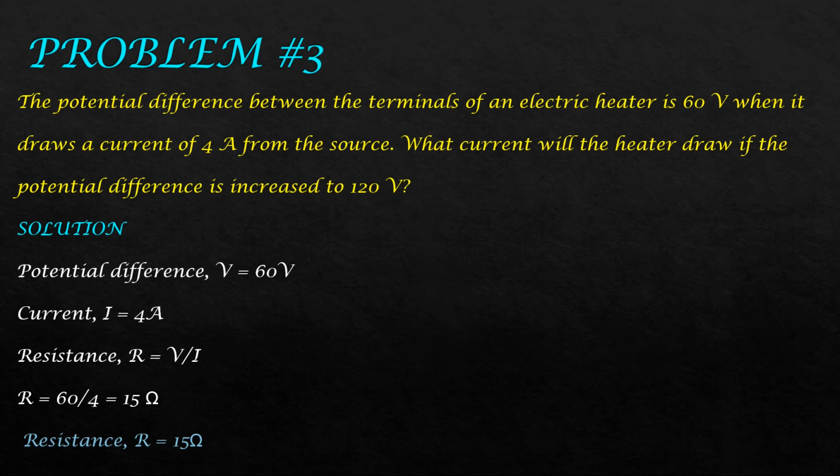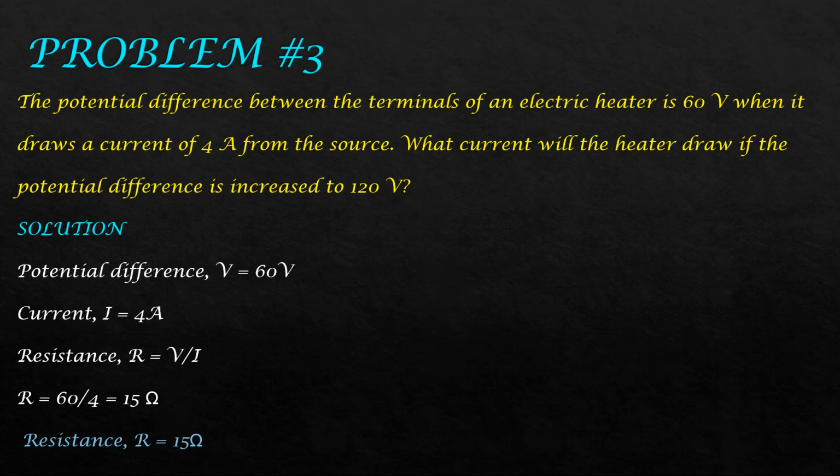Now I have resistance for that particular circuit. And then my voltage is increased to 120 volts. So we do not touch the resistance. The resistance remains the same. Only the voltage is increased to 120 volts.